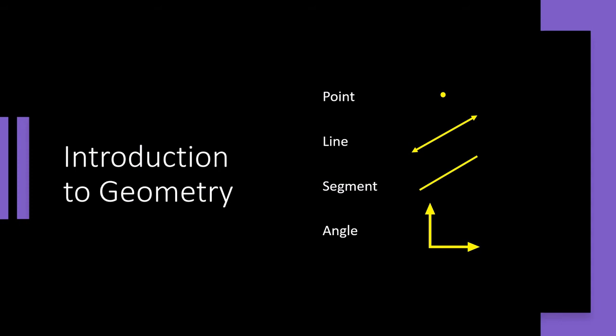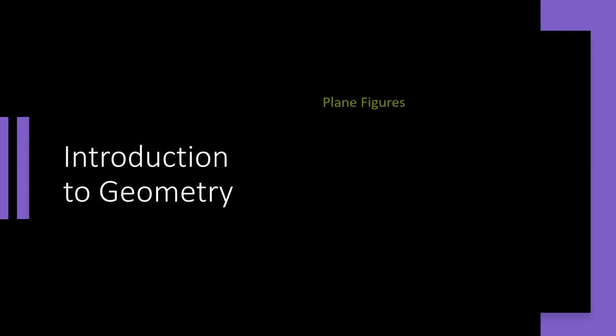Okay, very nice. In geometry, my friends, we also have what we call plane figures. Some people out there on the street call them flat shapes, and I guess that is correct too. But plane figures in geometry are also called two-dimensional figures.